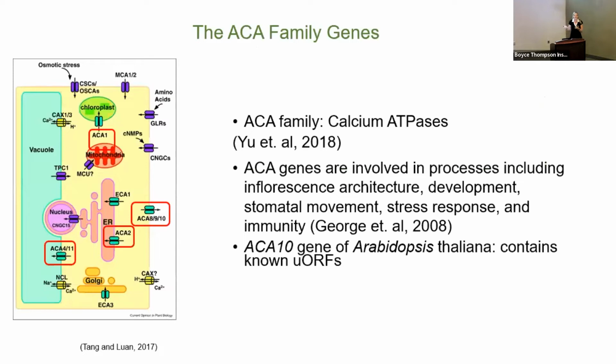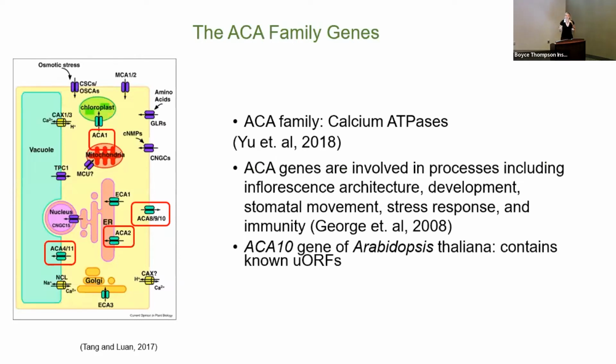Introducing the ACA family genes. These are genes found in Arabidopsis thaliana. They are calcium ATPases, which function to pump calcium out of the cytosol. ACA genes are involved in the processes I've listed, but most importantly for my research, stress response. In the diagram on the left, this shows a plant cell with the different ACA genes and their localization circled in red.